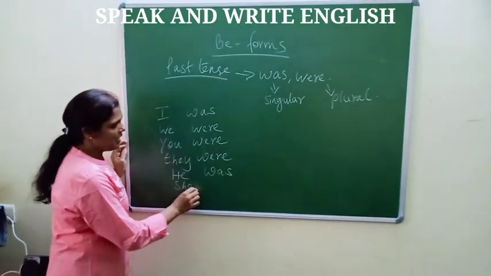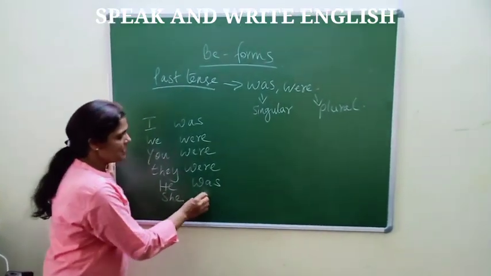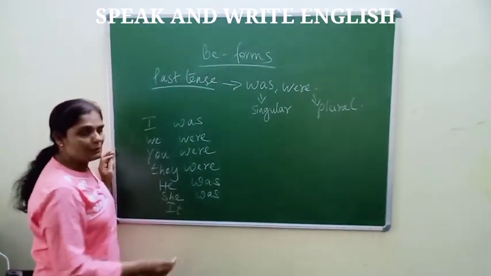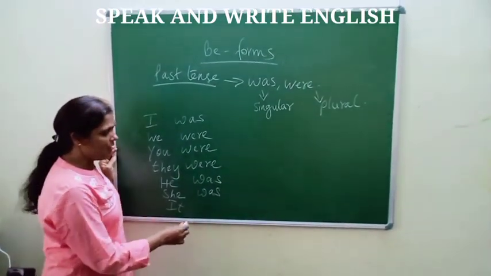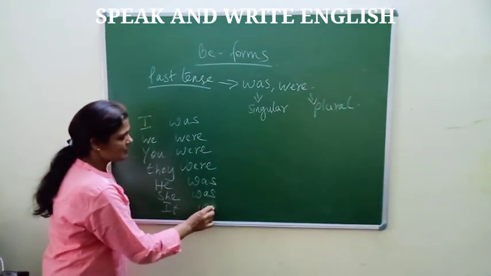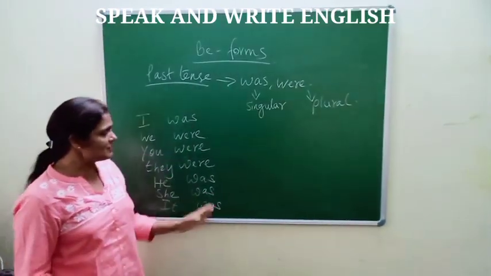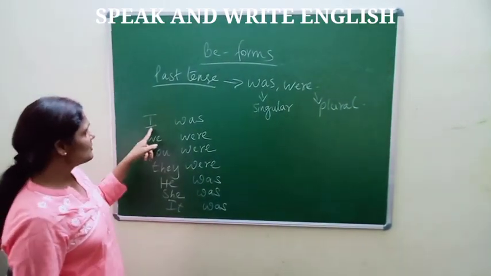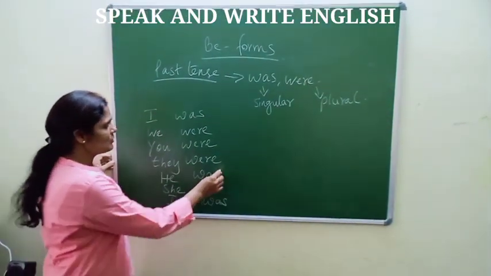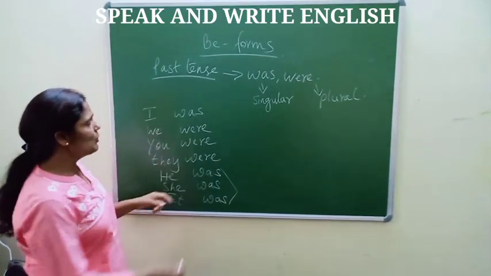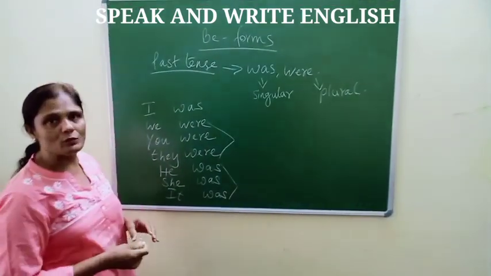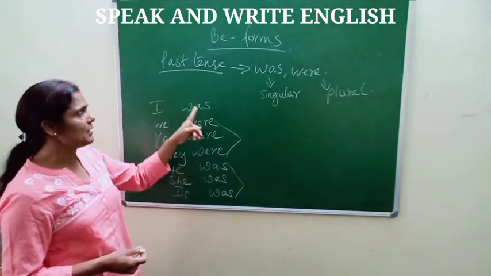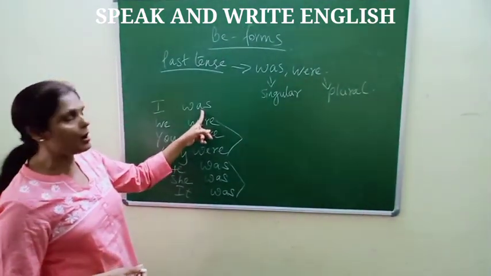She, again a single person, was. It again depicts a single person or a thing or an animal, so we make use of was. So these are the be forms used for the pronouns. For the singular pronouns, we make use of was, whereas for the plural pronouns, we make use of were. And for the pronoun I, we make use of was.